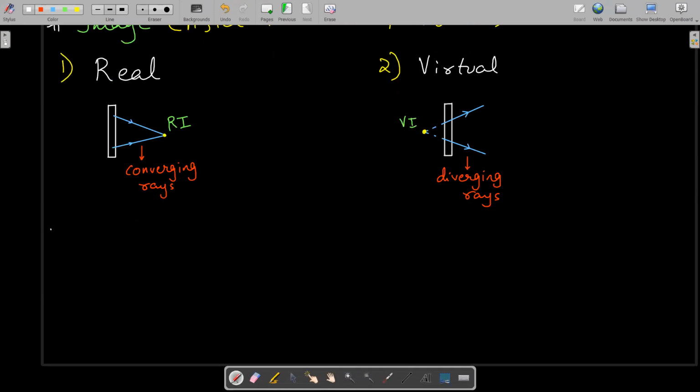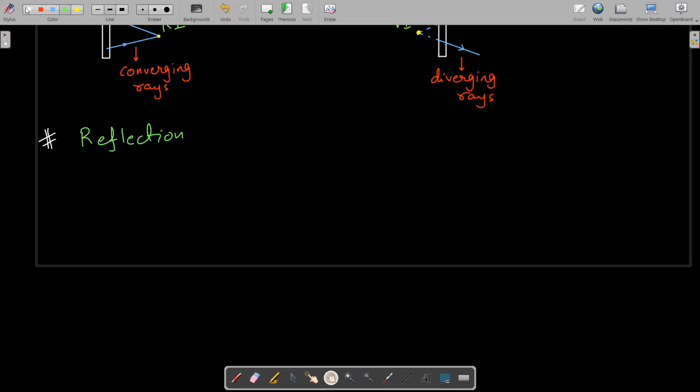Now, the next concept that I'd like to teach you is reflection. Okay, reflection of light. Very important. Now, let's say कि एक ऐसा कोई random सा surface है.